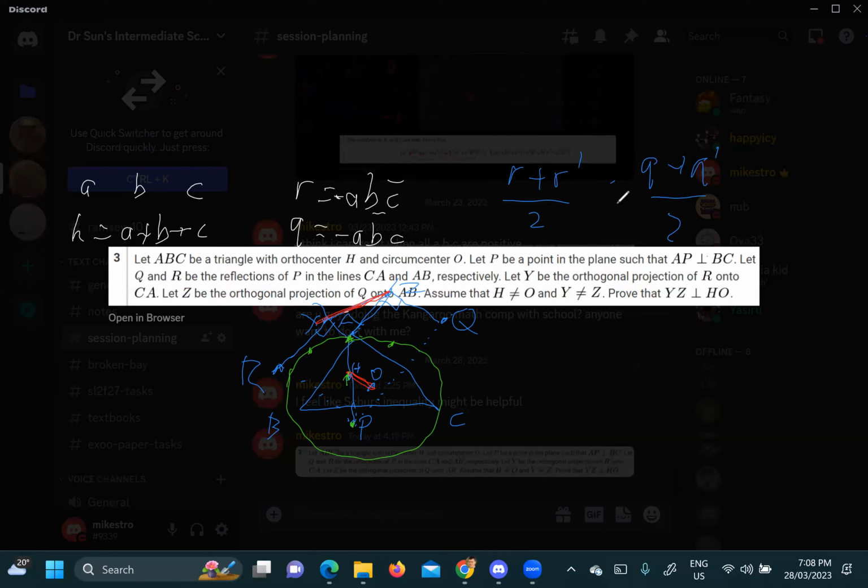At the end we subtract them to get the line vector and prove it's perpendicular to HO. There's a factor of a half, but direction is preserved under scalar multiplication, so we can delete it. Now it's just R plus R prime minus Q plus Q prime.